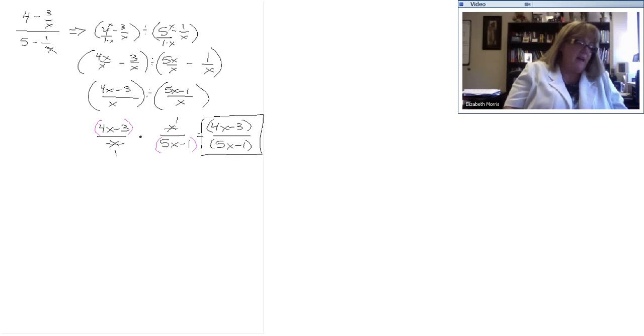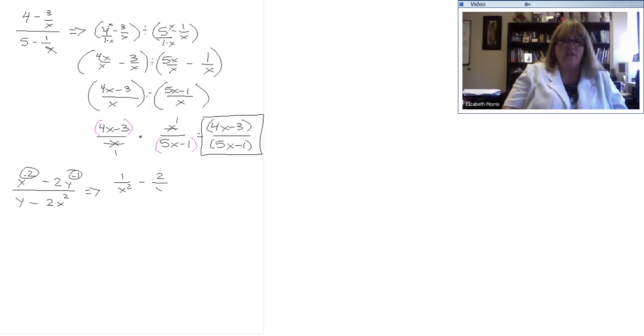All right, let's go one step further. What if I had this? Now, remember, you can't have negative exponents, so that really becomes 1 over x squared minus 2 over y to the first.